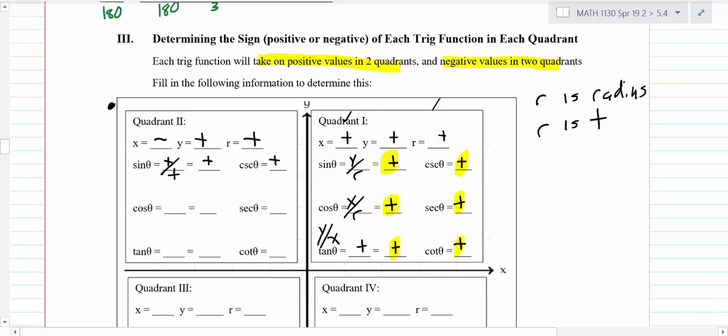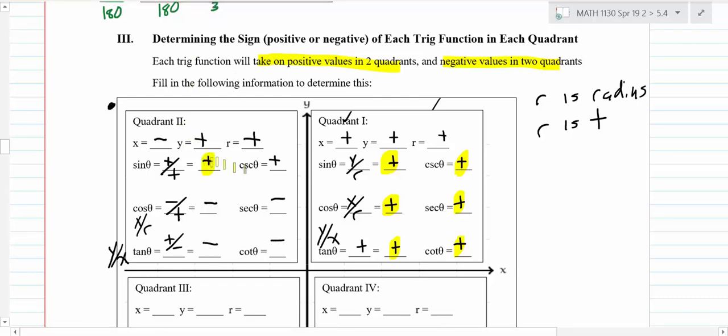The cosecant is also positive since it's the reciprocal of the sine. The cosine is x over r, so it would be negative over positive, so it's negative. The secant has to be the same sign as the cosine, so it's also negative. The tangent's y over x, so y is positive, x is negative, so it's negative, and then the cotangent's negative.